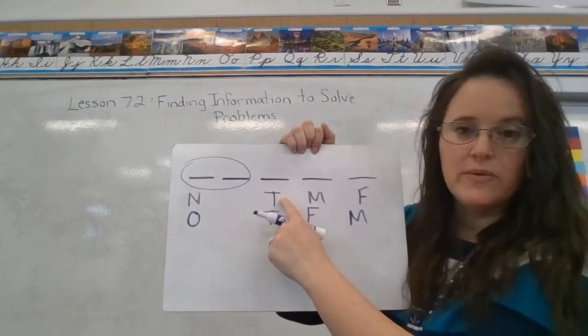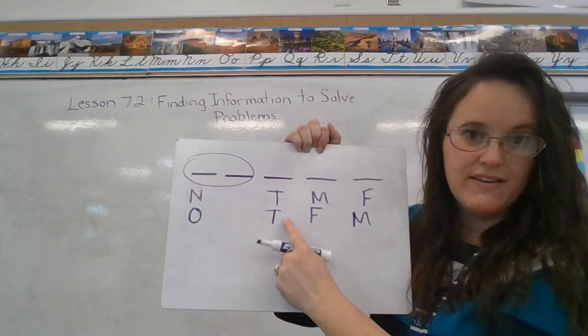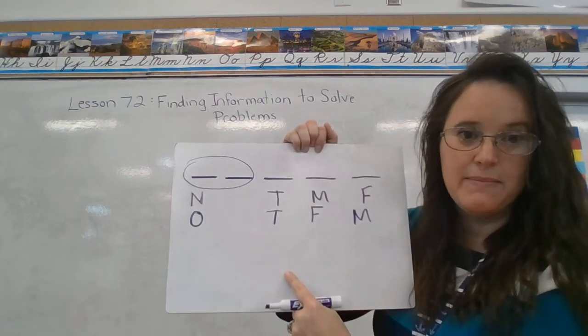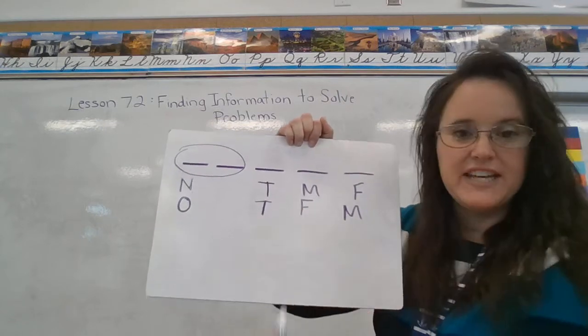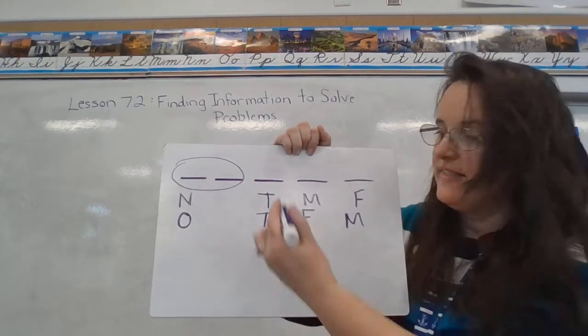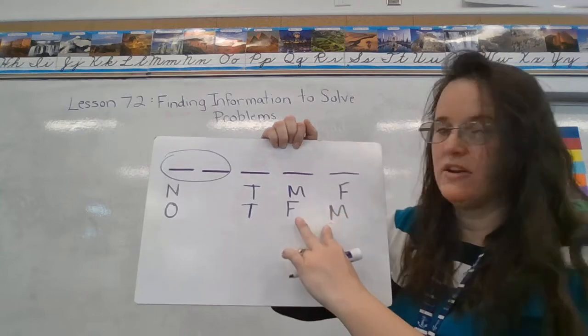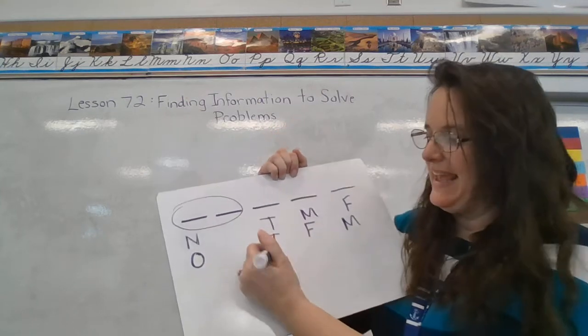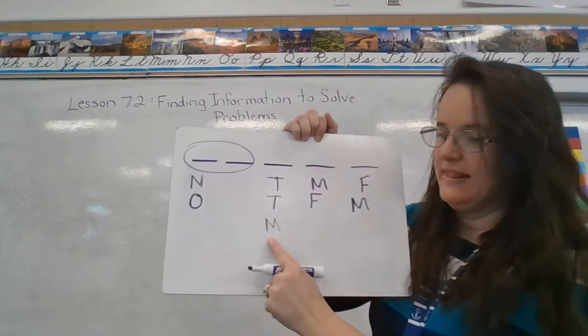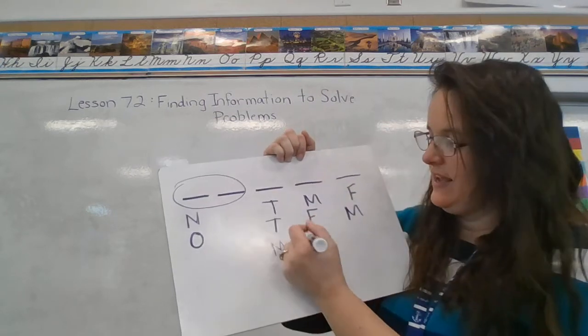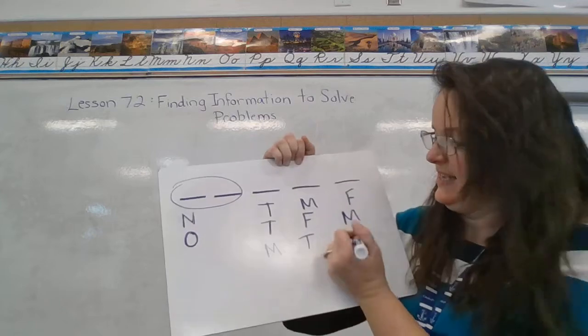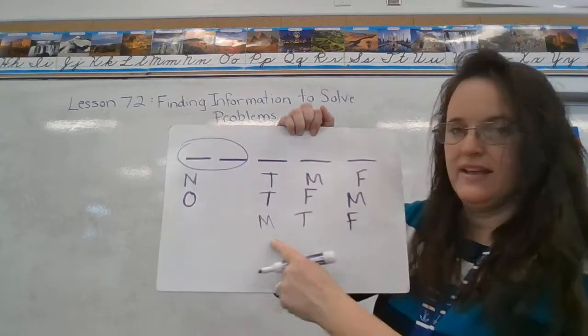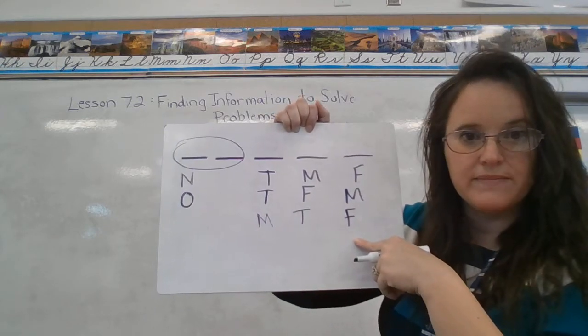So I start with Texas, then I think of how many other ways can I organize this if Texas is right there. There's only 2 because I can only flip these back and forth. So now let's put Maine here. Let's say I have Maine in the middle and then I put Texas and Florida here. That's another option.